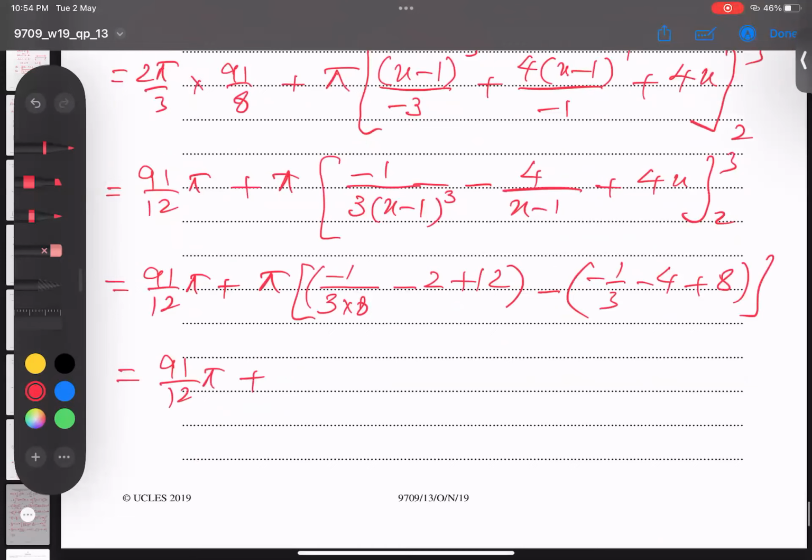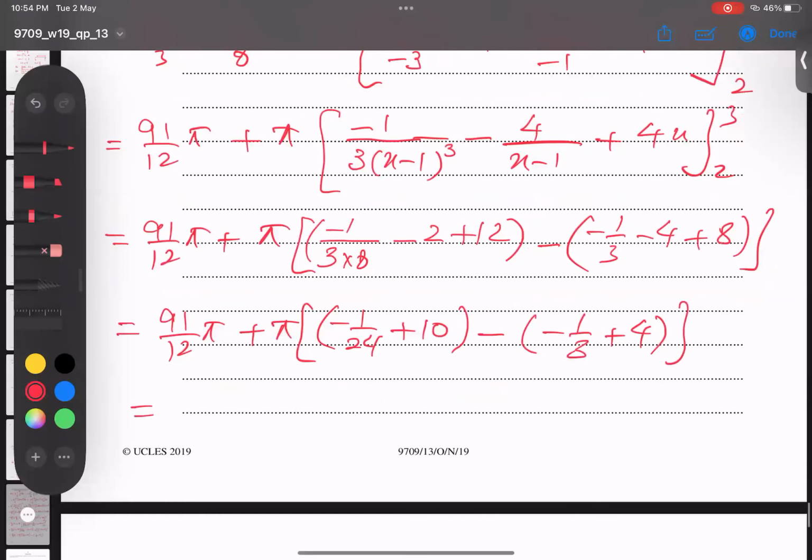A lot of attention required here. And negative 1 over 24 and plus 10. And negative 1 over 3 and plus 4. Now let's try to evaluate on the calculator: negative 1 over 24 plus 10 and plus 1 over 3 and minus 4.